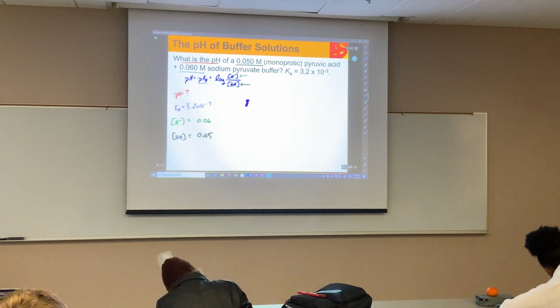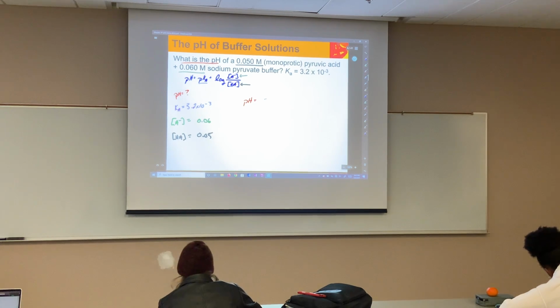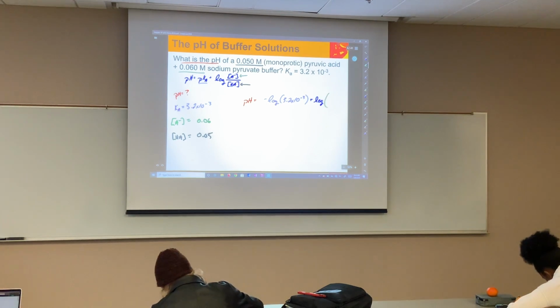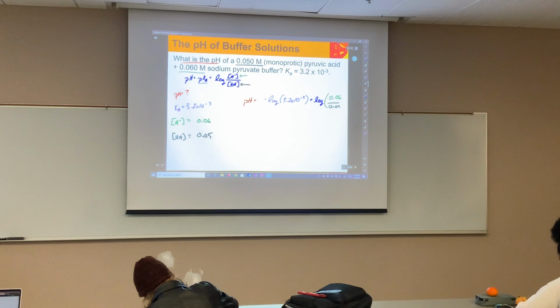So pH, whoops, did that in red. Again, pH is equal to negative log of 3.2 times 10 to the minus 3, plus the log of 0.06 over 0.05.